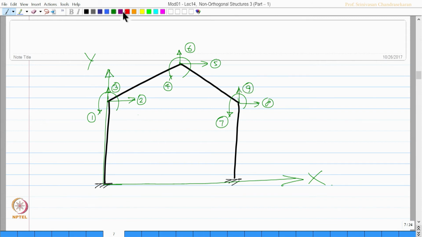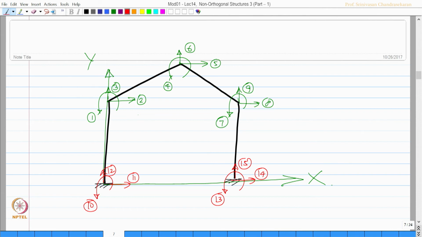The restrained degrees could be 10, 11, 12, 13, 14 and 15. So, we group the unrestrained degrees first and then the restrained degree labels.